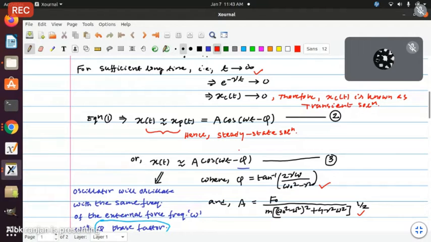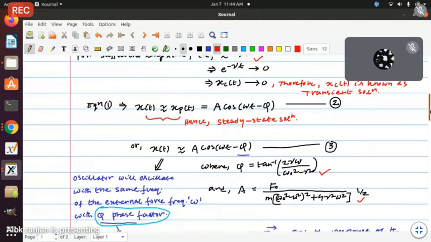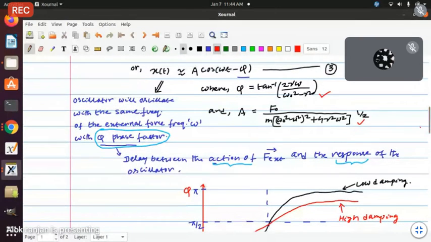The oscillator will oscillate at the same frequency as the external force, but there will be a time lag. So phi normally represents the phase factor, that means the delay between the action of the external force and the response of the oscillator.